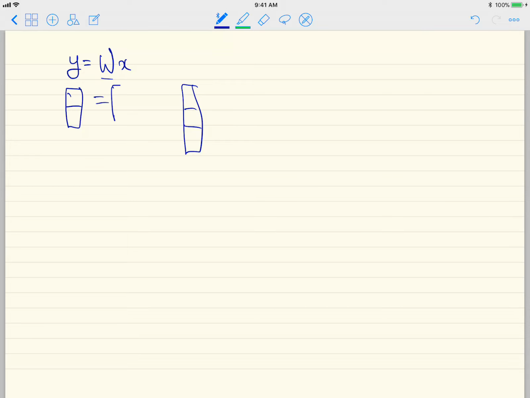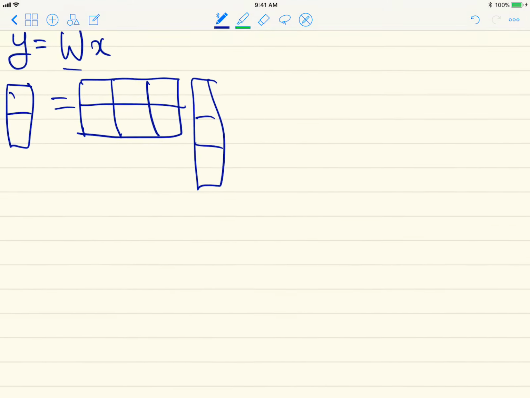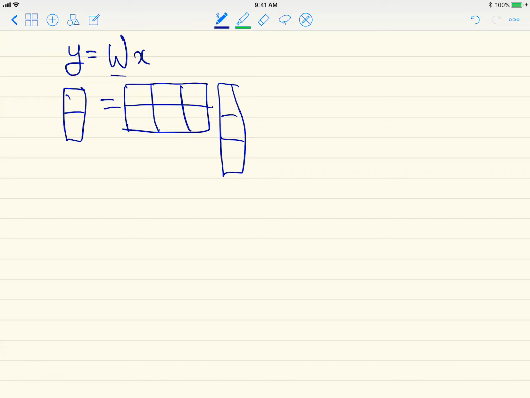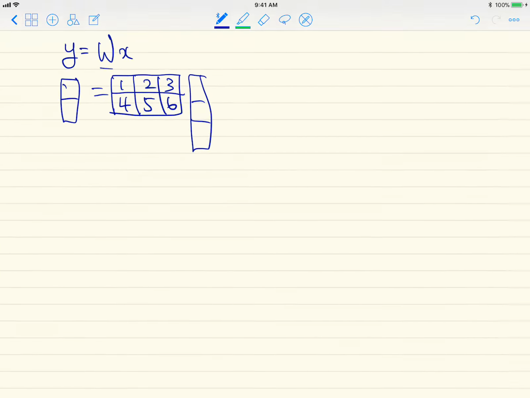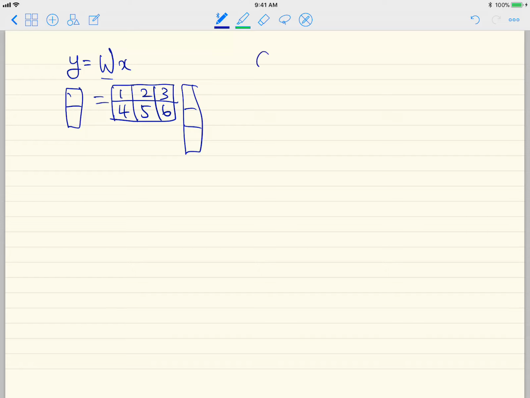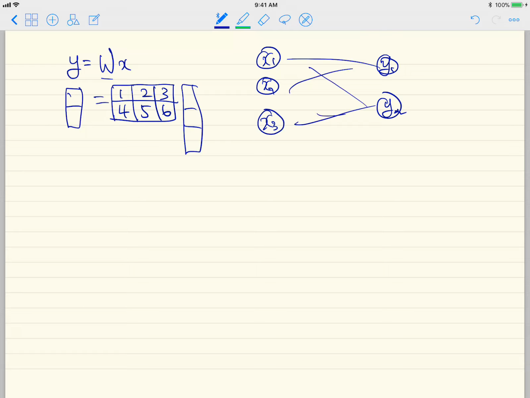What is our W matrix here? It is a 2x3 matrix, right? Let's think of the matrix as 1, 2, 3 and 4, 5, 6. We have three input nodes, x1, x2, x3, fully connected with y1 and y2, so we have all connections. Okay, so far so good?